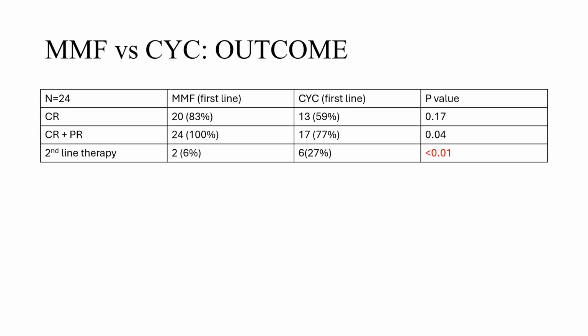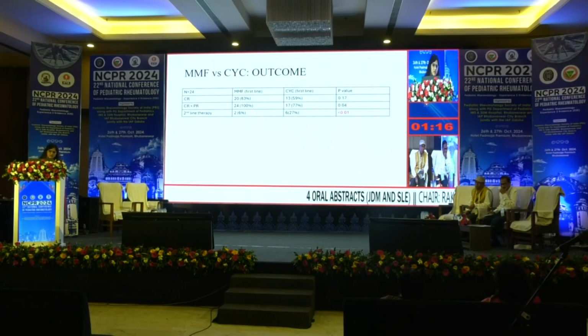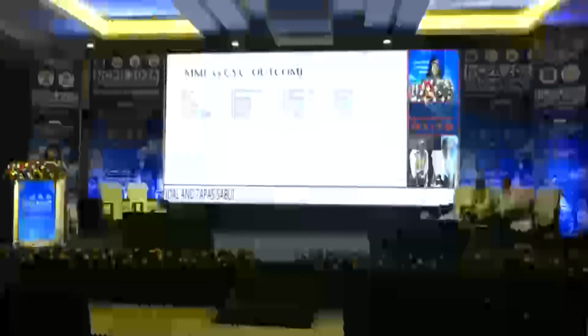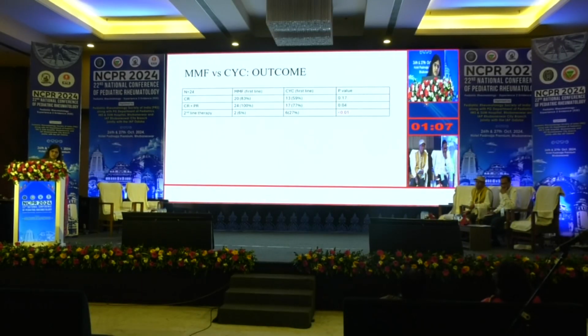Coming to outcome of first line MMF versus cyclophosphamide, the only significant finding was that the need for second line induction was significantly less if MMF was used as first line immunosuppressant, that is 6% versus 27% in cyclophosphamide.